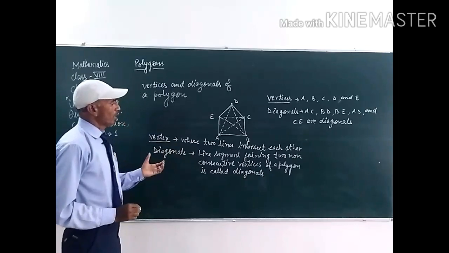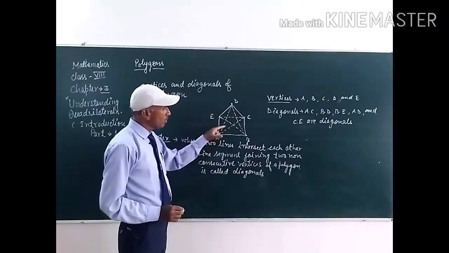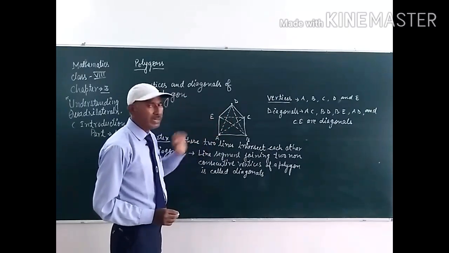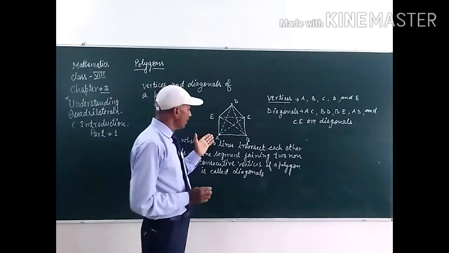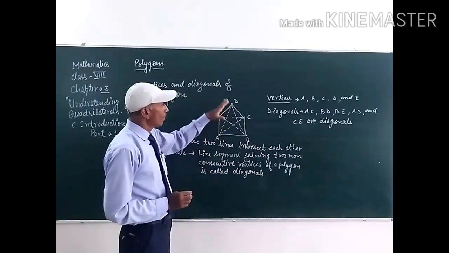Clear, student? Line segment joining two non-consecutive vertices is called a diagonal, and these points A, B, C, D, E are vertices of this figure.